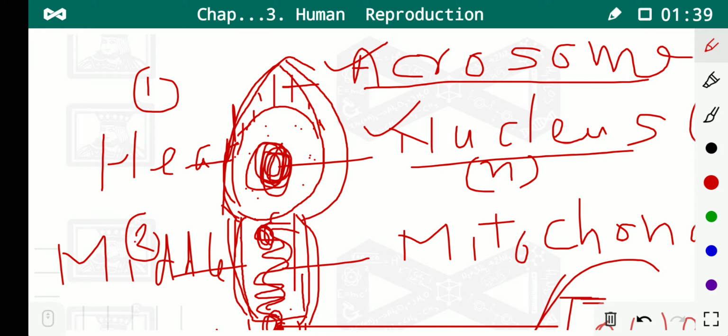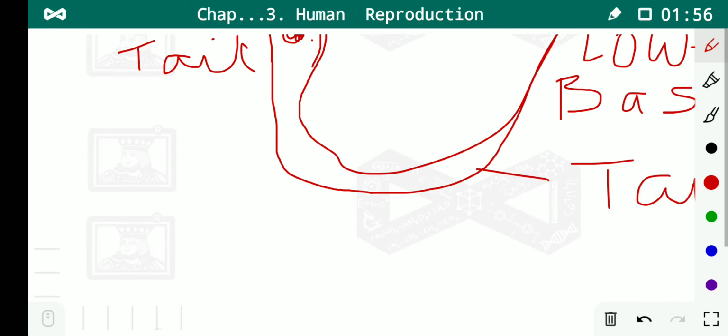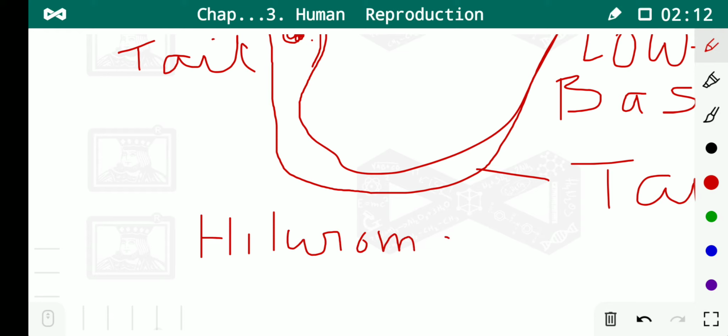This acrosome secretes a very important enzyme. You should know it well because it is mostly asked in the NEET exam. This enzyme is hyaluronidase.